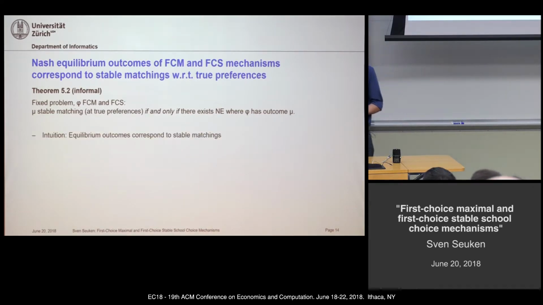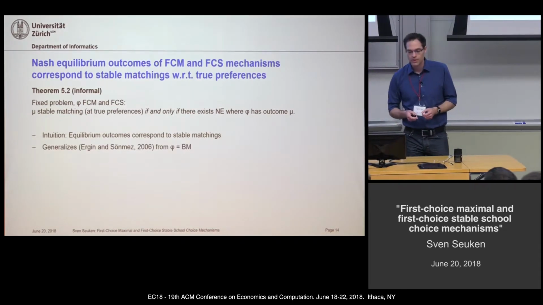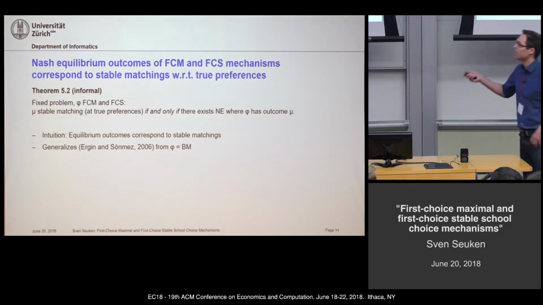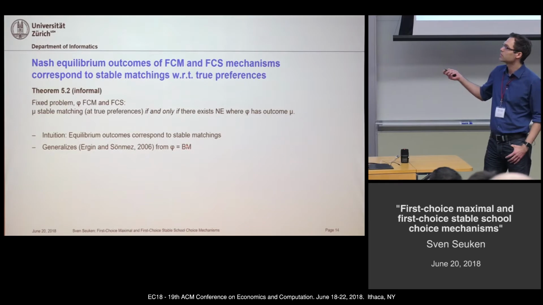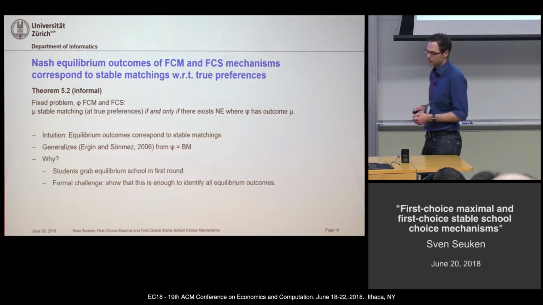So the intuition is that the equilibrium outcomes of the mechanism correspond exactly to the stable matchings. This result generalizes a result from Ergin and Sönmez from 2006, where they proved this just for the Boston mechanism, and so this generalizes it to this larger class of FCM and FCS mechanisms.